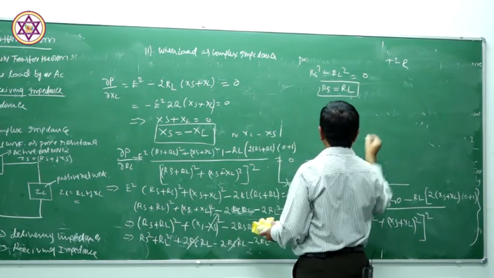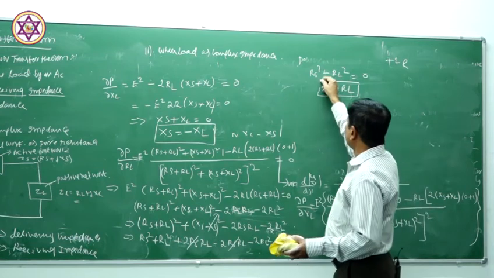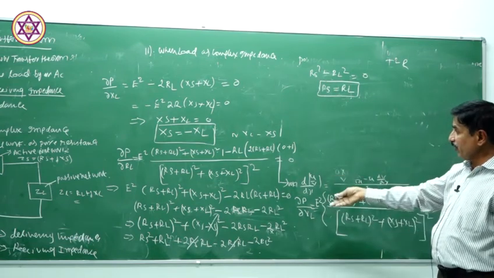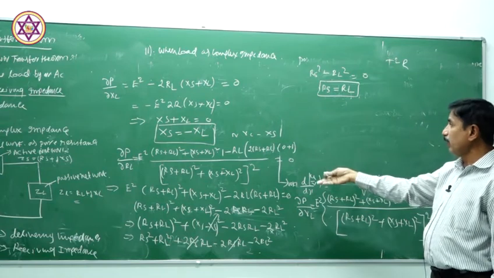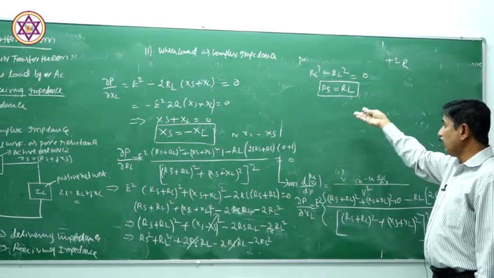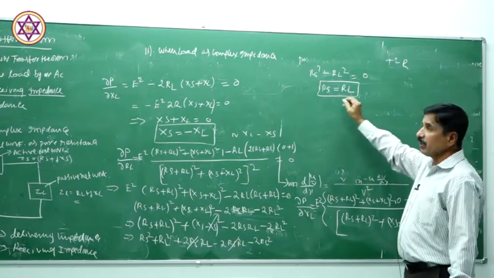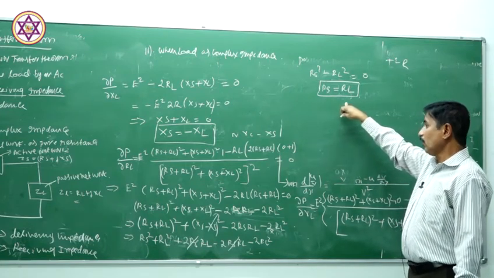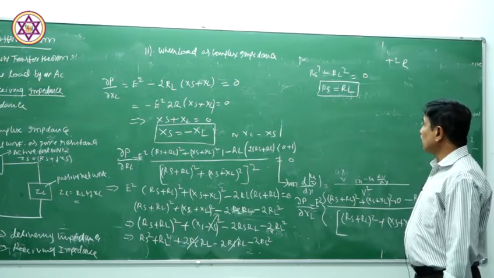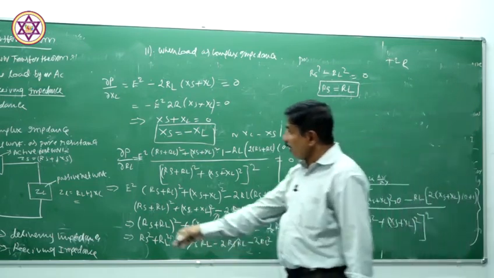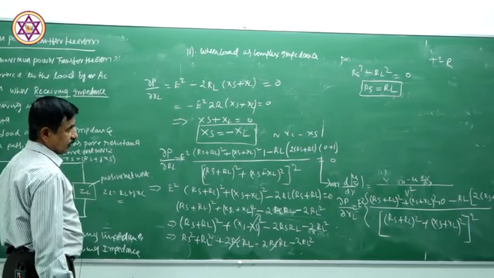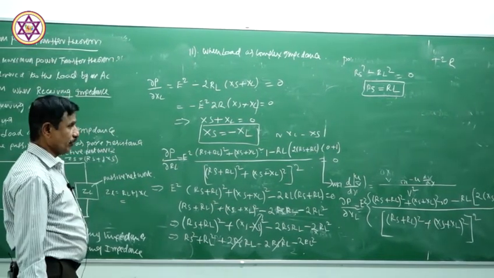So RS square is equal to RL square. By differentiating the power with respect to RL, what I get is that RS, the source resistance, is equal to RL, the load resistance. Source resistance is equal to load resistance.